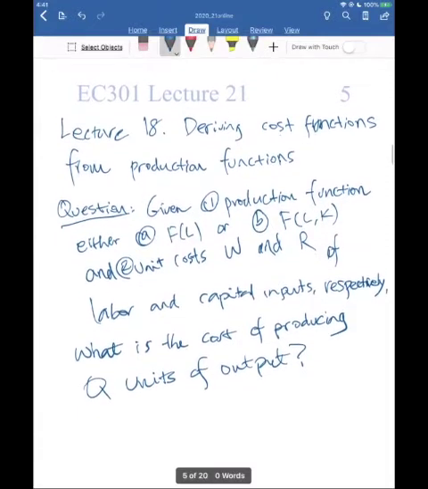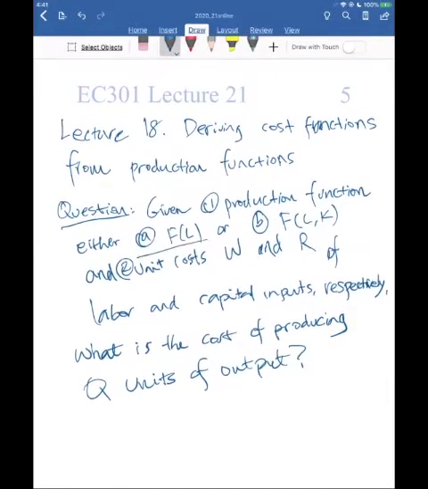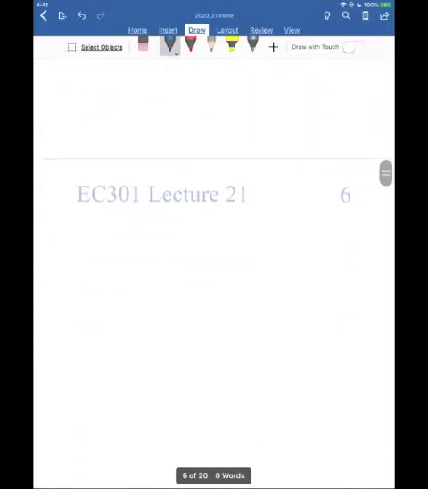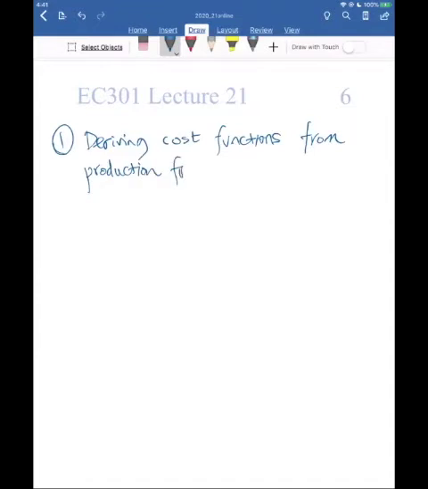So let's look at this separately for the case where we have a one variable input production function and a two variable input production function. First, deriving cost functions from a production function with one variable input.